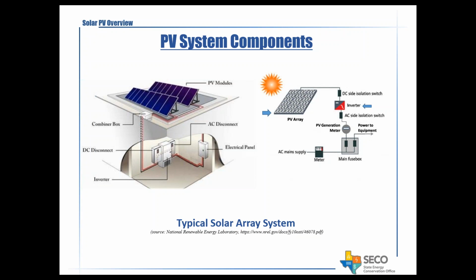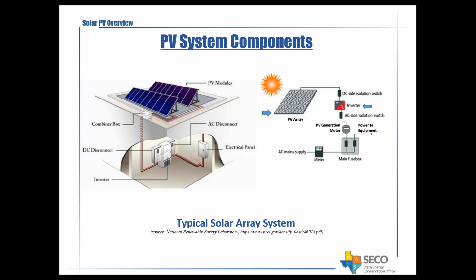And on the right side, what we're going to do is cover the PV array and the inverter in a little more detail. You can see on the right side that for the AC main supply, you have a meter and a main fuse box, which may be called the switch gear.